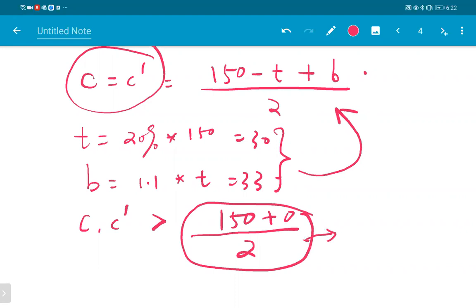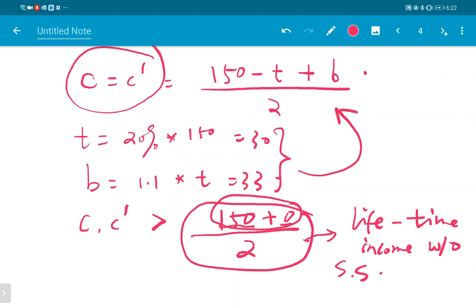This is your lifetime income without Social Security, because you have 150 when you're young, 0 when you're old, and a 0 interest rate. Adding them together gives your lifetime wealth. The numerator is lifetime wealth, divided by 2 is your optimal choice. So that immediately tells us this Social Security system will make everyone better off.